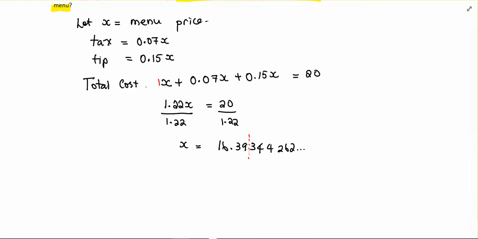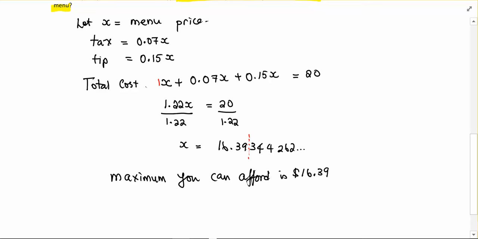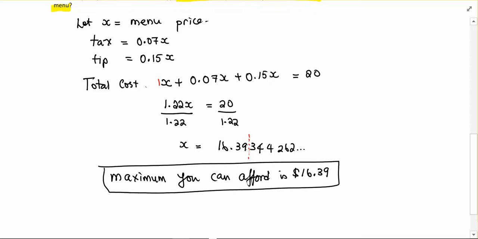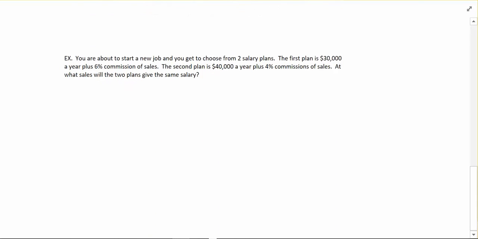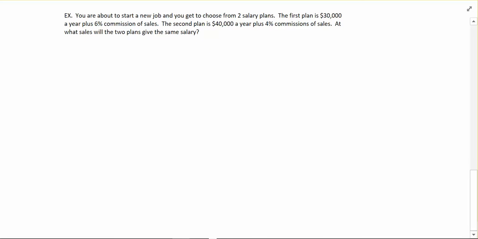So the maximum cost of the meal, maximum you can afford, is $16.39, right? $16.39.